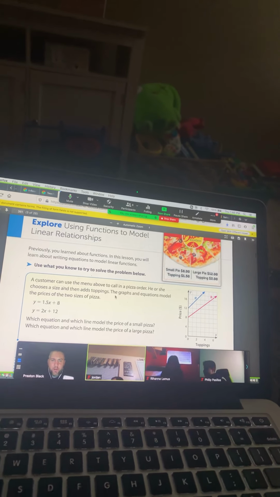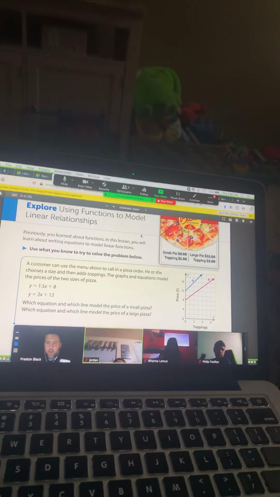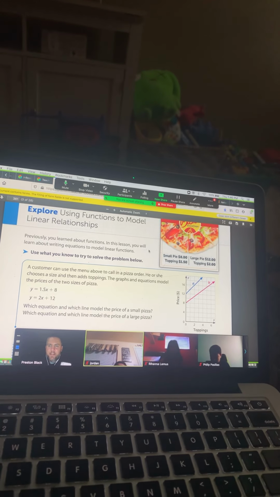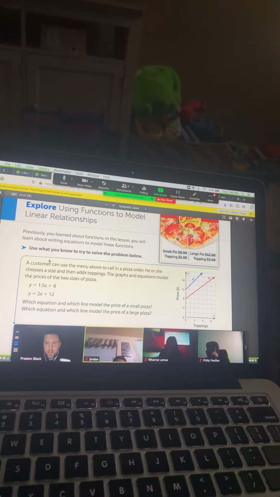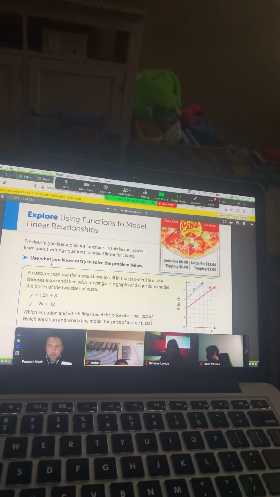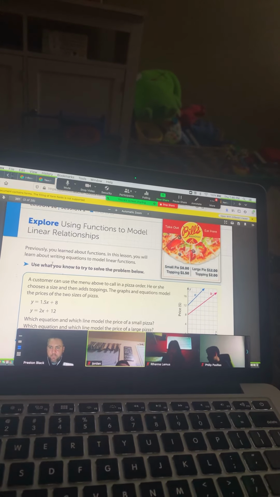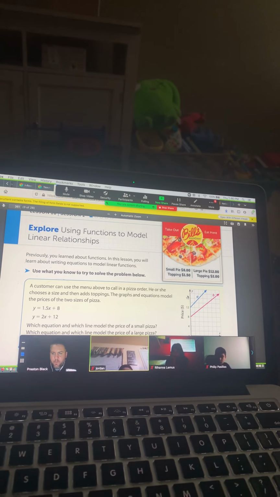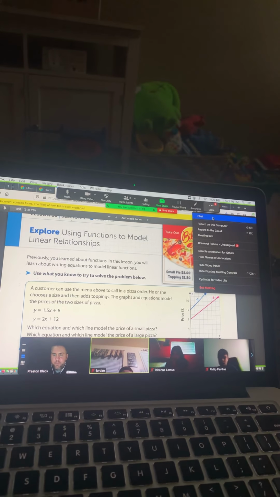So where on this problem are the two sizes of pizza? Where are we able to locate that? In the graph, or in the chat box, tell me, where is the pizza price and the topping price located on the page? Where do you see it?